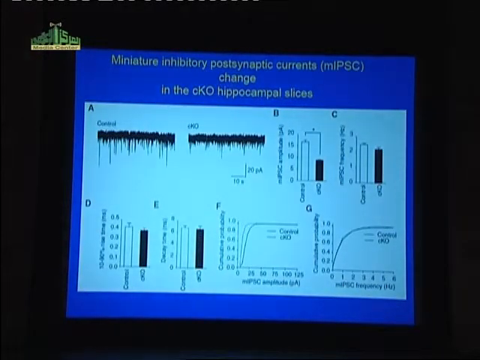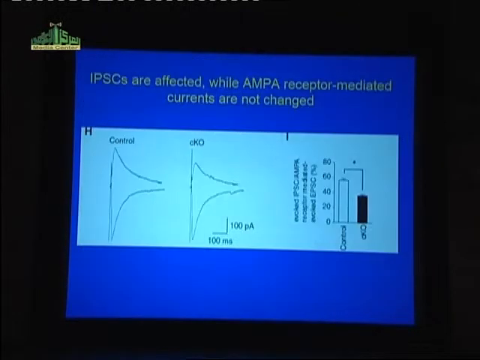Then we studied the inhibitory synaptic transmission system. As you can see here, miniature inhibitory postsynaptic currents changed in the conditional knockout. Amplitude is much less. And using hippocampal slices, we studied electrophysiology, and we found IPSCs are affected while AMPA receptor-mediated currents are not changed.